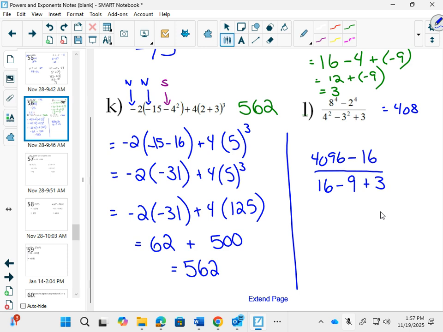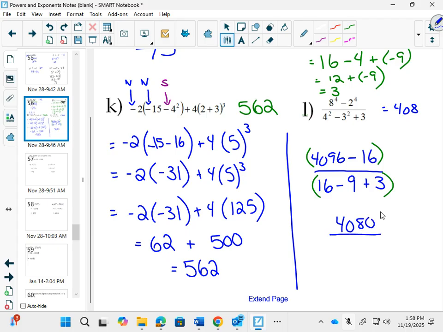Now this is the interesting thing about a big dividing sign like this. Kind of imagine you have to do the top and the bottom first, like there's brackets. So 4,096 minus 16 from the 8 to the 4 is going to be 4,080.